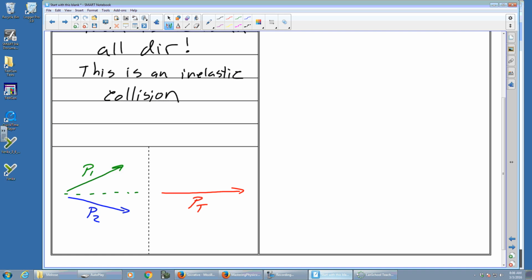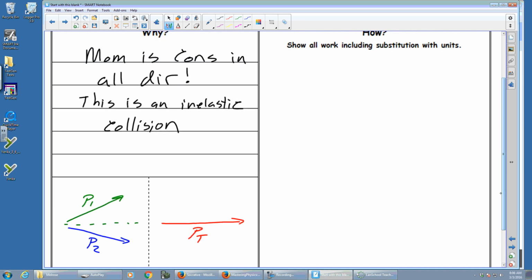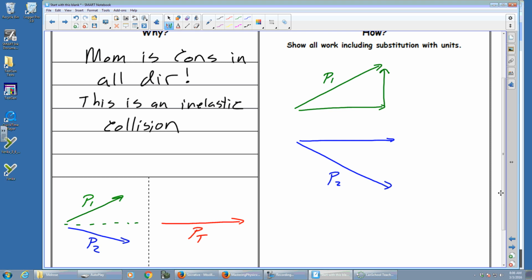So I'm gonna start off with more vector diagrams because I want to get the components here. So I've got momentum 1. It's gonna have components in that direction like that, and then I have momentum 2, and it's gonna have components like that, and the two y parts need to be equal.